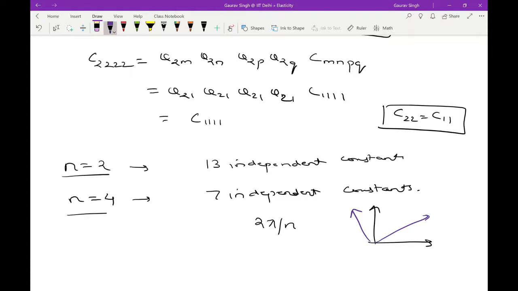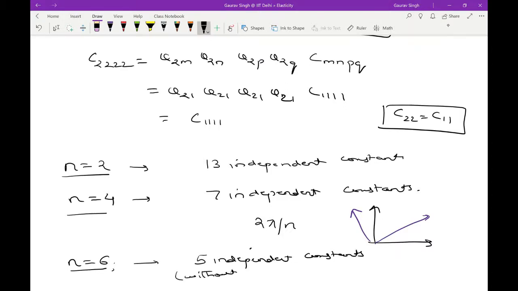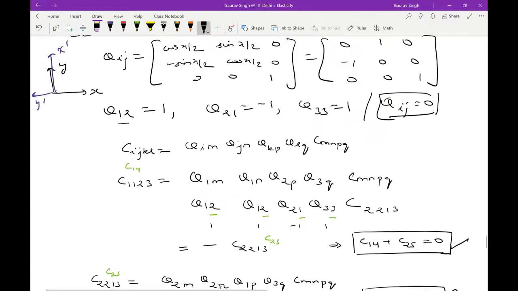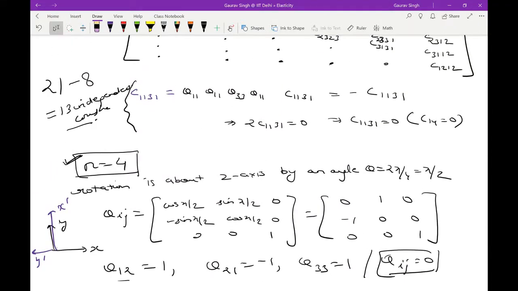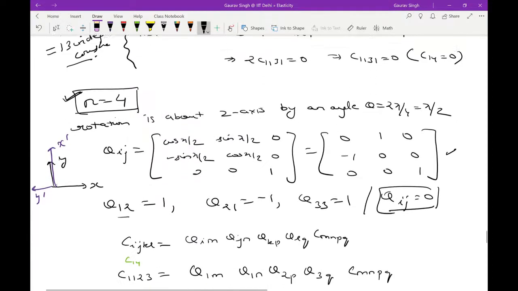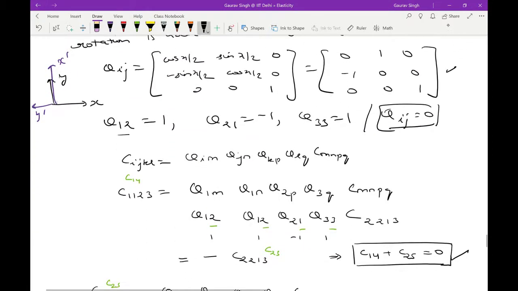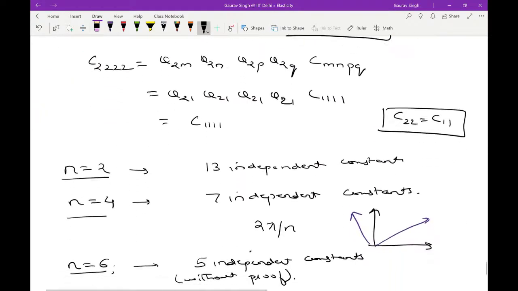I'm stating without proof that if you take n equal to 6, you will have 5 independent constants. The way to go about it is the same. You find theta equal to 2 pi by 6, which is 30 degrees, find the transformation matrix, put each term into this relation, and expand it.